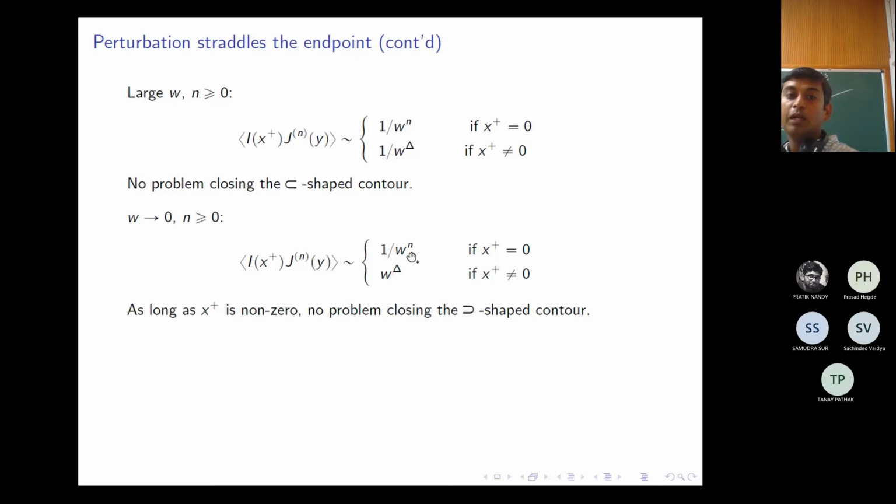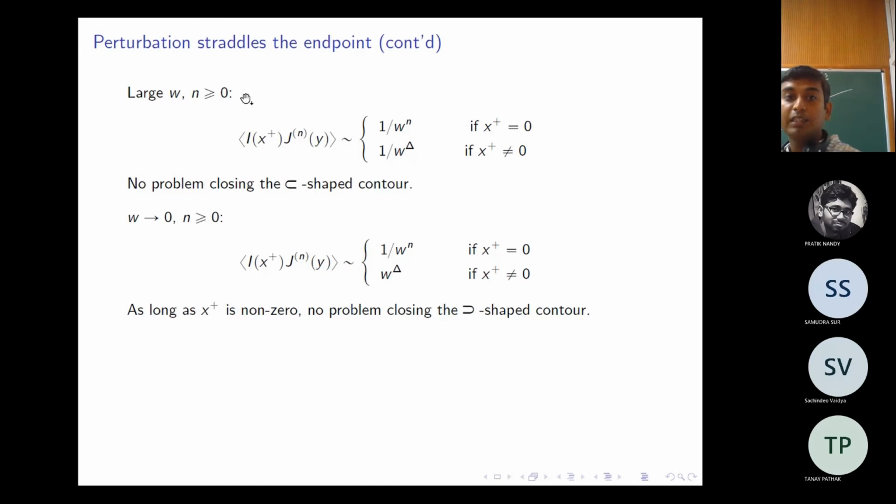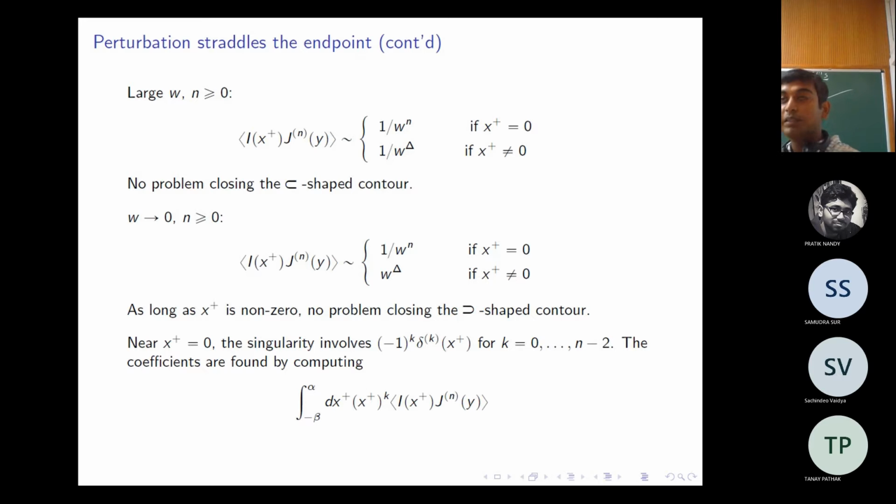Okay, so in general, you will have no problem in this case closing this contour, which went like this, left u. And in this case, you will have no problem closing the contour at infinity in the W plane. However, there will be problems at x plus equal to 0.